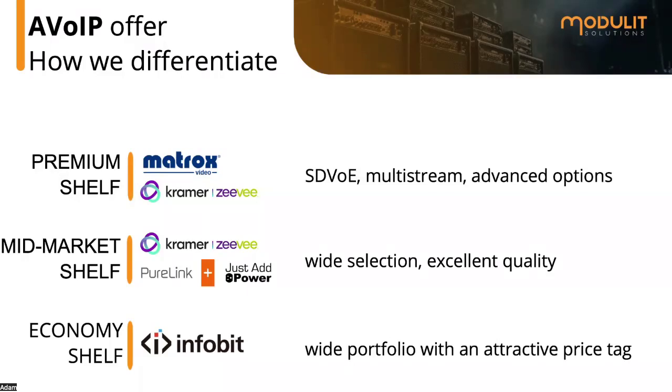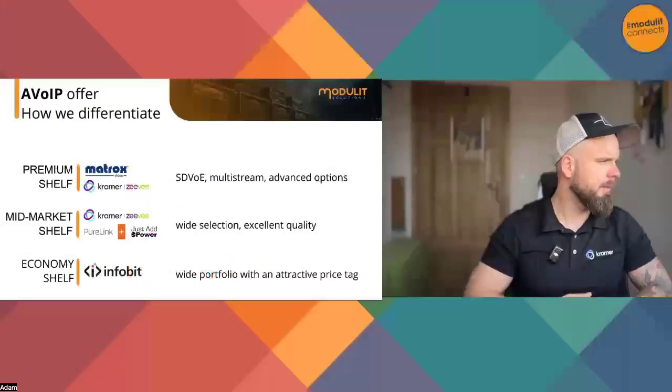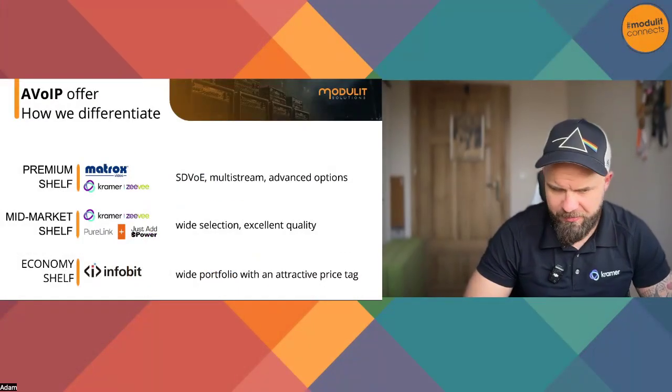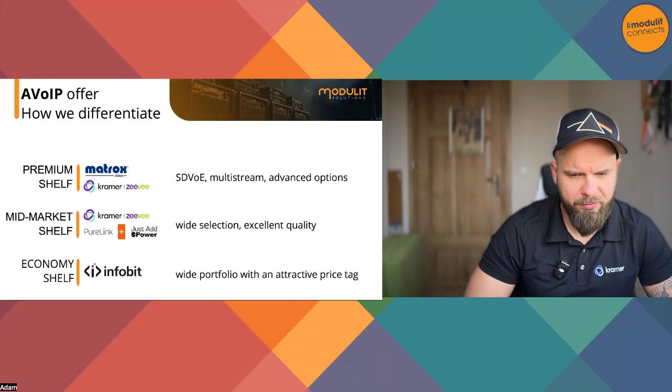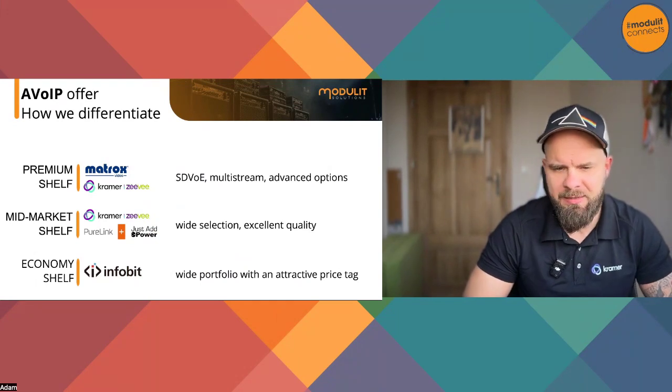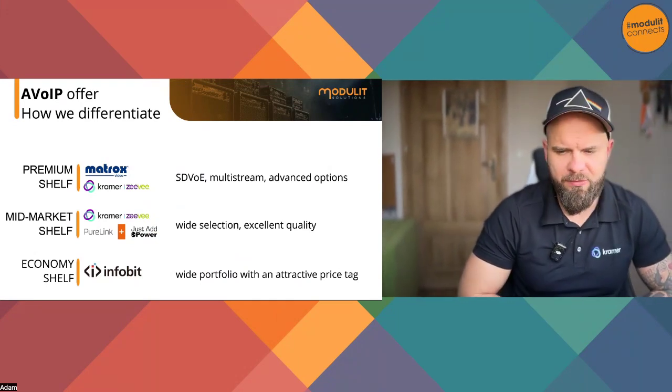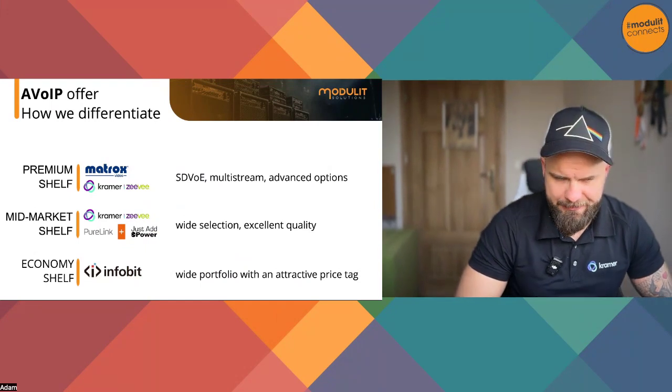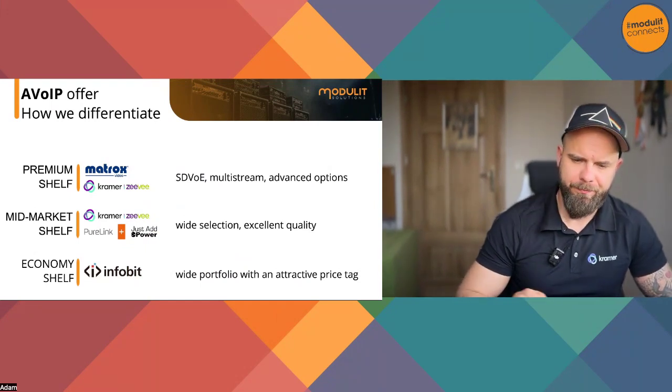My differentiation here is very simple. We have this economy shelf with Infobit products. We have this mid-market shelf where most of our projects are. And there is a premium shelf with SDVoE solutions from ZeeVee, and Matrox solutions are also here.